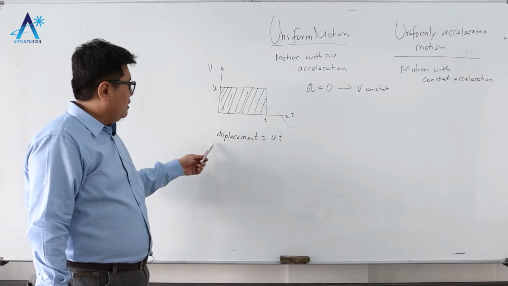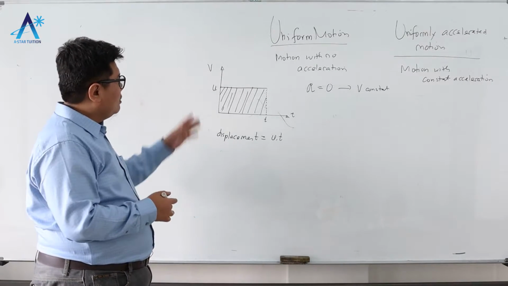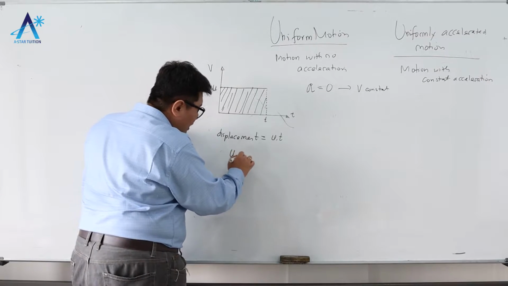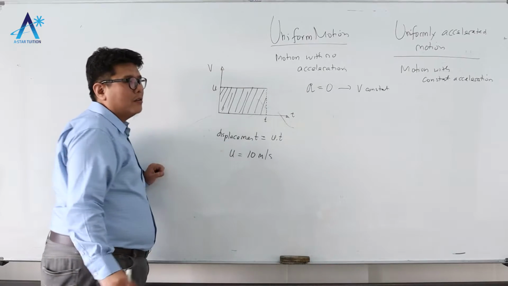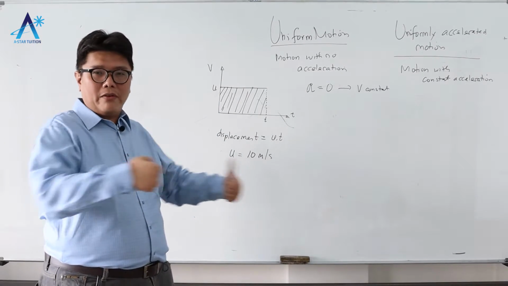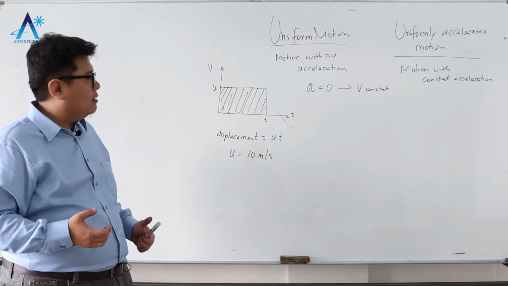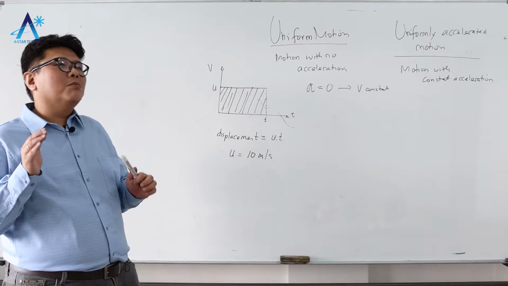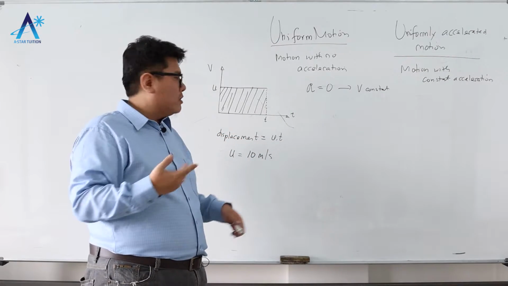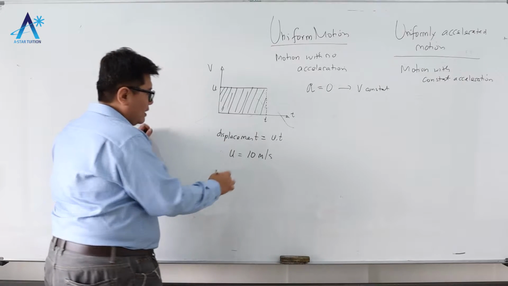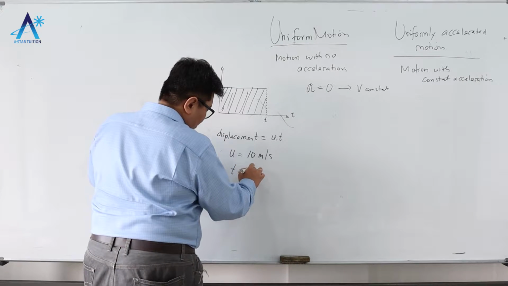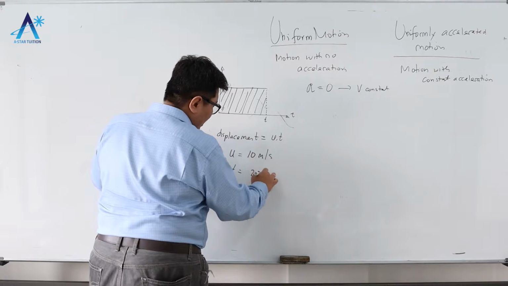Now, in this case, let's say that you have a velocity equal to initial velocity 10 meters per second. So someone is driving a car with a speed of 10 meters per second, and it's moving in a certain direction. So the velocity is 10 meters per second in that direction. And let's say that the time is equal to 20 seconds.